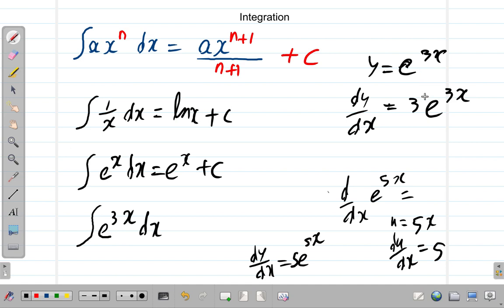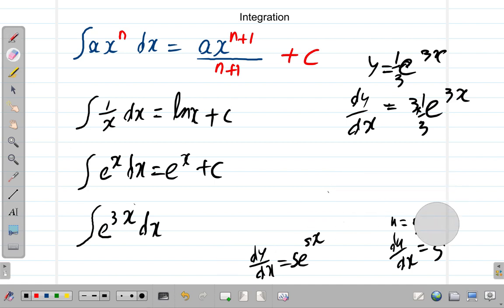So what you need to do now is this. If you want the derivative, when you differentiate something, you get e to the 3x. What you want to do is get rid of this 3 from in front of it, because this doesn't have a 3 in front of it, you know. So, suppose you say y is equal to 1 over 3e to the 3x. When you differentiate 1/3 e to the 3x, you get 3 times 1/3 e to the 3x.